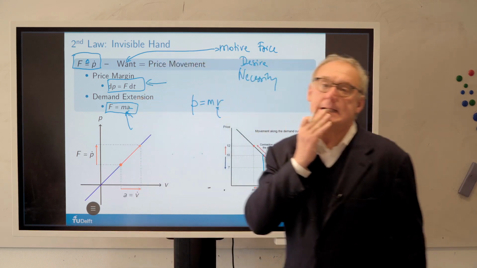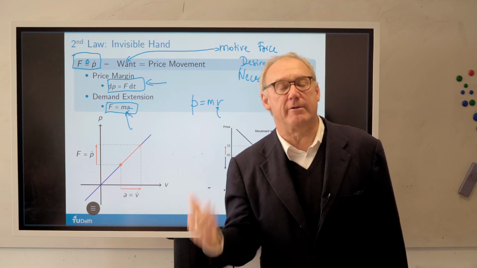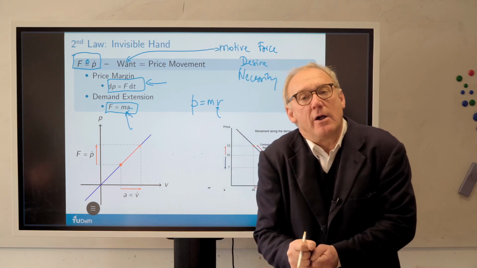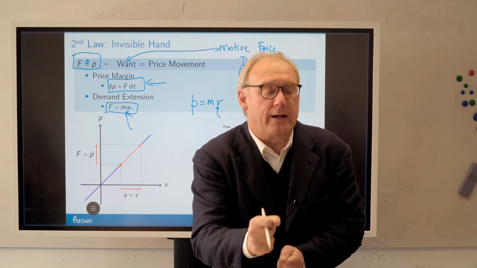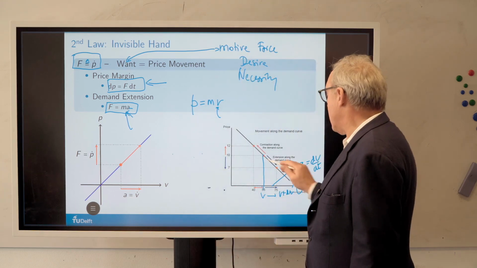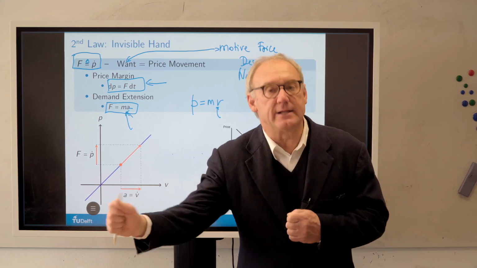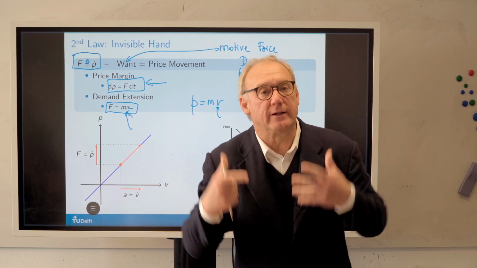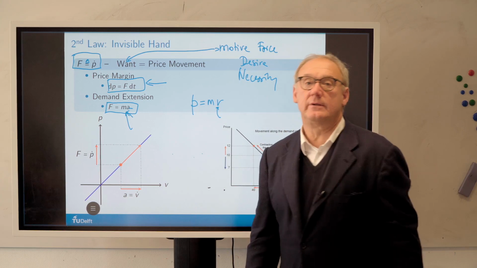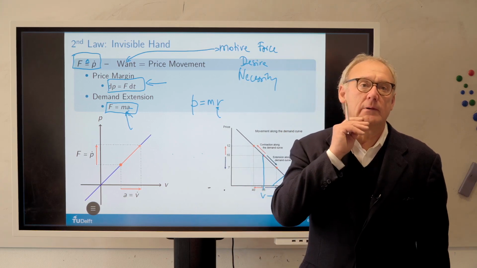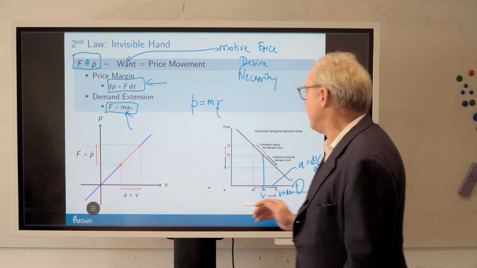Now this is the demand extension. I already wrote it down here. That change has to be due to some economic force. Economic force is a want: somebody's got to want this thing a little bit more. And that want makes him demand more of it and extend his demand. Or he's going to want it a little bit less, in which case demand will contract, all right? Now we know that the slope of the demand curve is a constant.